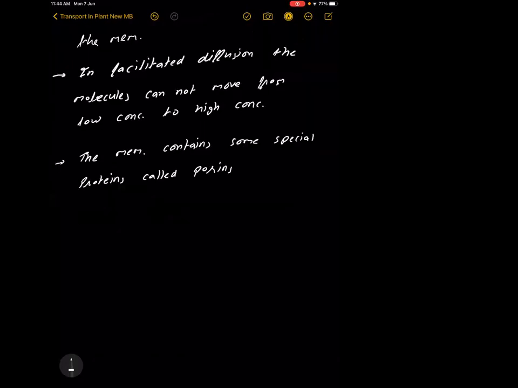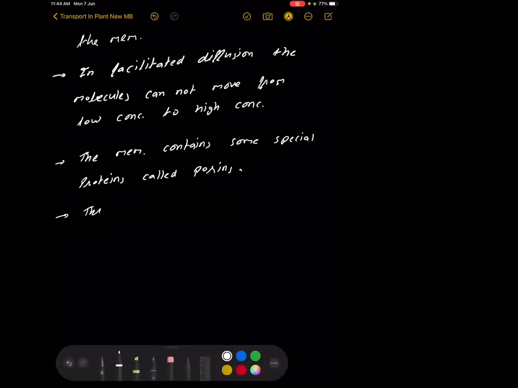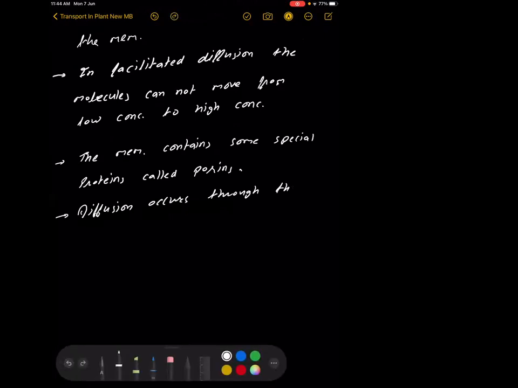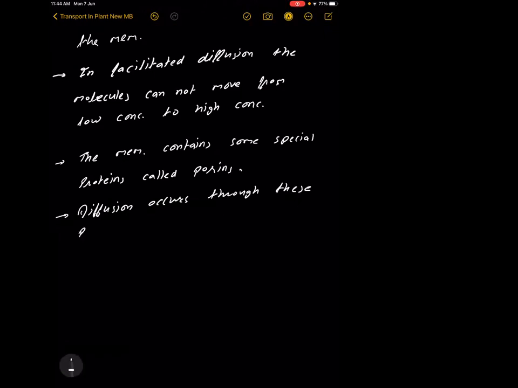Through these channels, diffusion occurs through these porins.